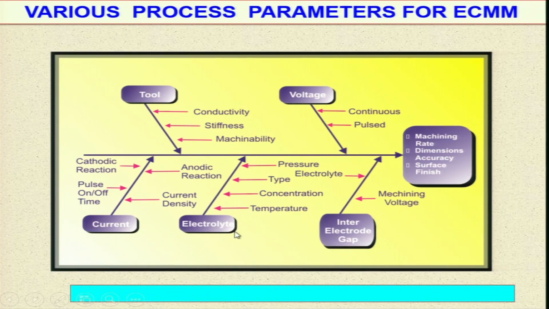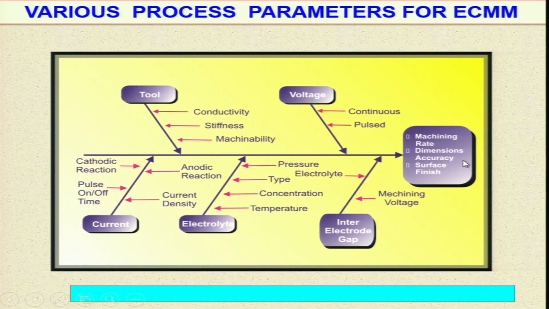And then you have the electrolyte: pressure, type of electrolyte, and concentration of the electrolyte, because concentration is going to govern the electrical conductivity of the electrolyte, and the temperature also affects the electrical conductivity of the electrolyte. Then you have the inter-electrode gap, through which electrolyte is flowing and machining voltage is being applied across the inter-electrode gap.